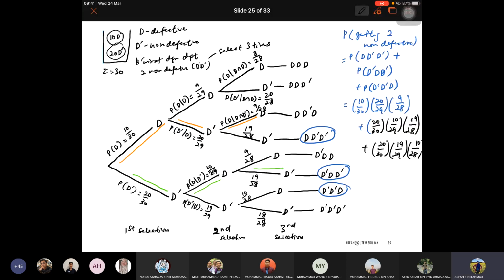So kalau awak kira semua hasil darab dia akan dapat jawapan dia sama dengan 95 per 203 atau 0.4680. Okay. So this is how we do the calculation for this type of question.